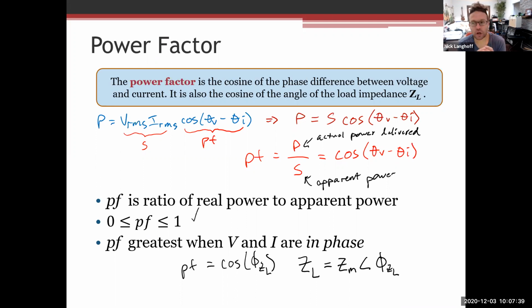DC current is always pushing in one direction. The current never moves back and forth, right? So, for example, if you're running DC current through an inductor, you're always going to be getting the losses of the winding resistance of that inductor, right?